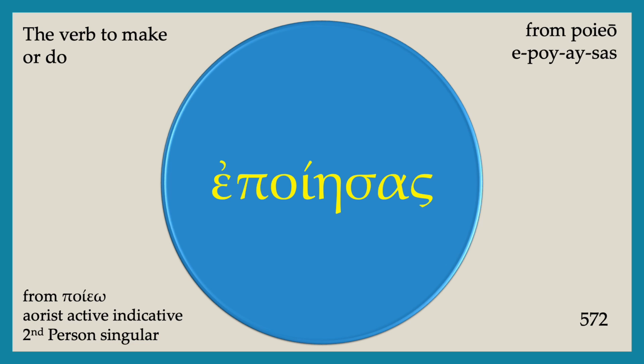But we'll come back to those rules when we do this a little bit more in depth in levels 3 and 4. But just remember that can sometimes happen, that the last vowel sound will get elongated when you add an aorist ending onto it. So epoiesas, you make or do. Ti epoiesas with a question mark. What did you make? What did you do?